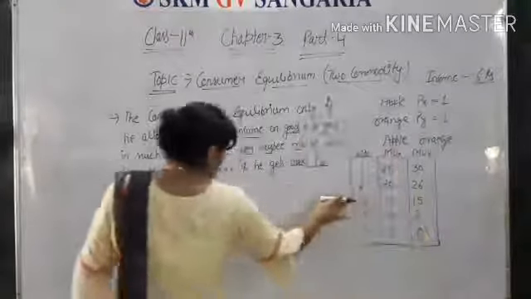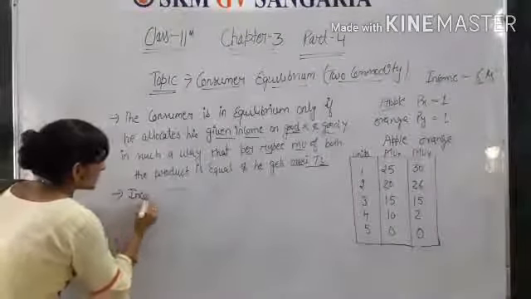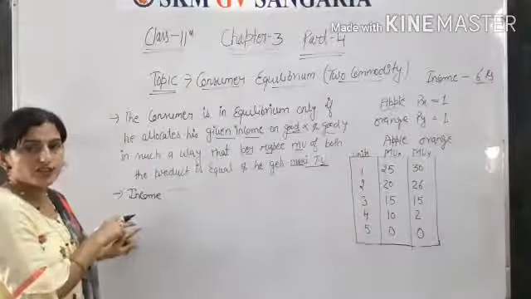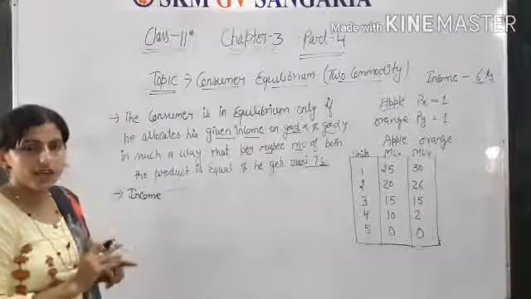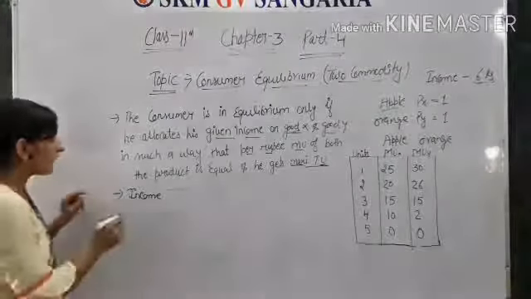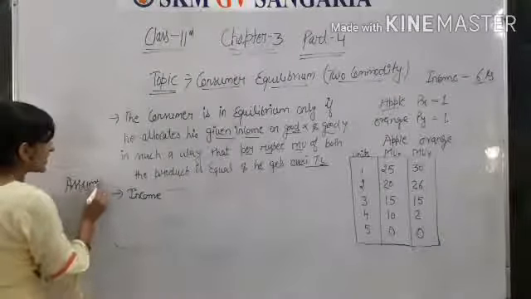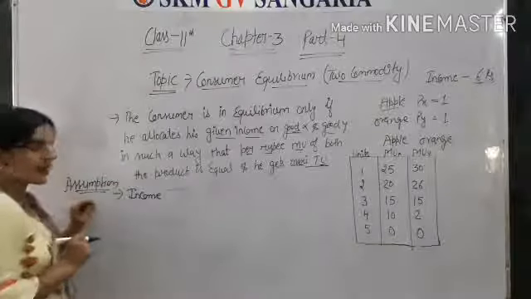Before understanding this table, we will take some assumptions. In the earlier case of consumer equilibrium with one commodity we also took the same assumptions. The first is that the income of the consumer is given. And why are assumptions necessary?